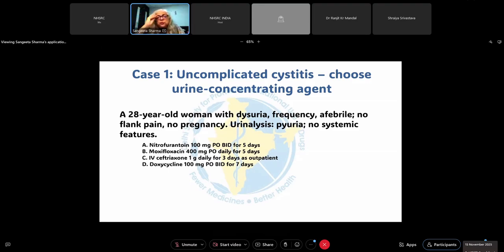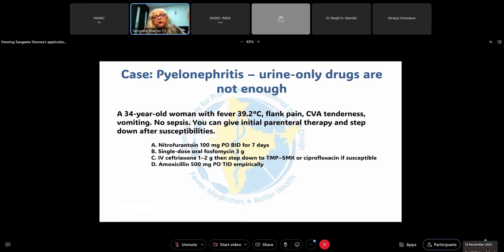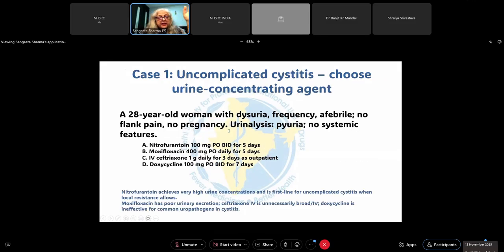But then how do you do this? For example, in an uncomplicated cystitis, we need to choose a urine concentrating agent, because if the drug is not concentrating in the urine, it will not be effective. Here, nitrofurantoin is the most effective.